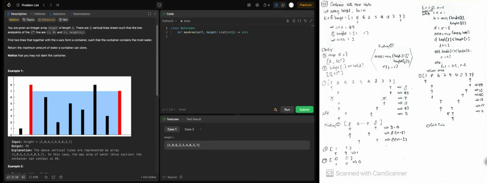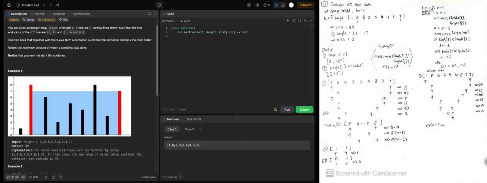In here we move 7 to 3. This gives us 6 times 3, which is 18.